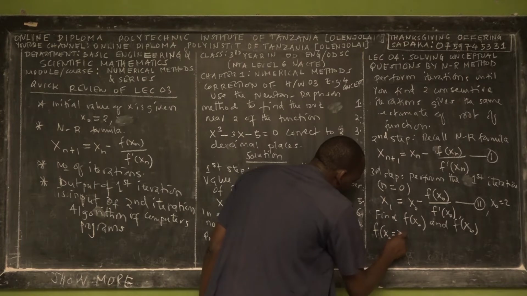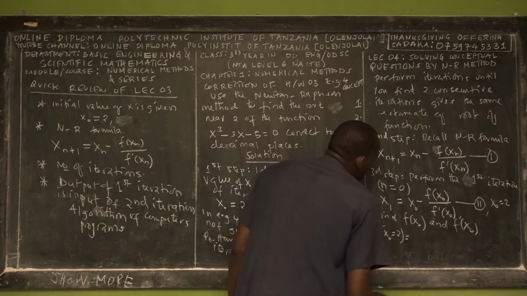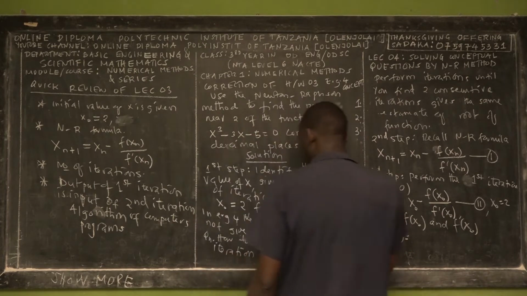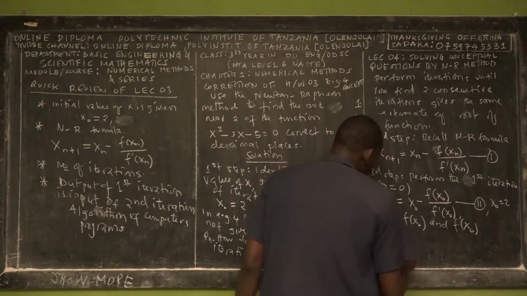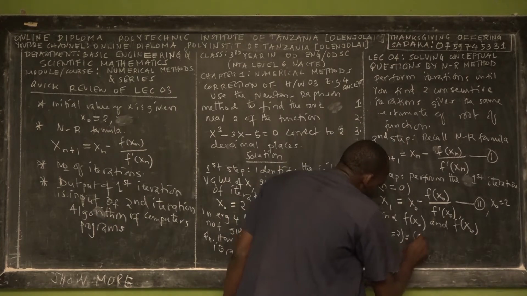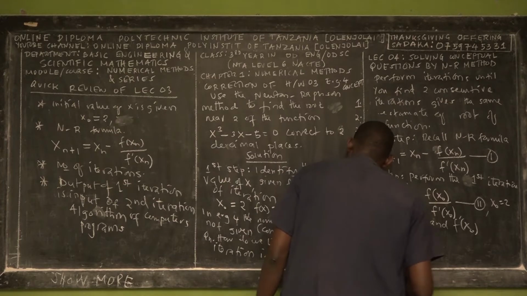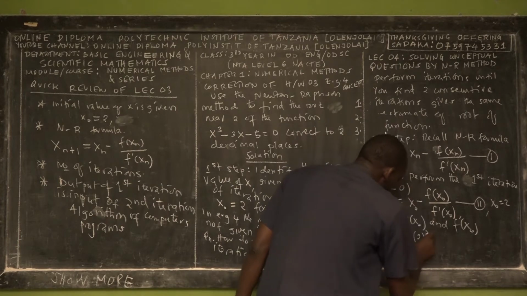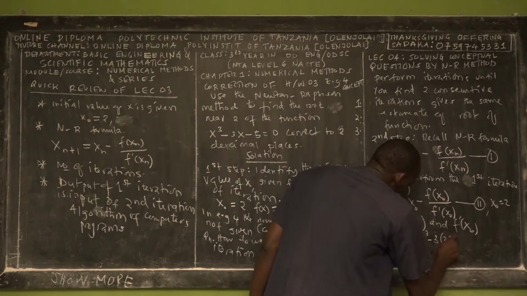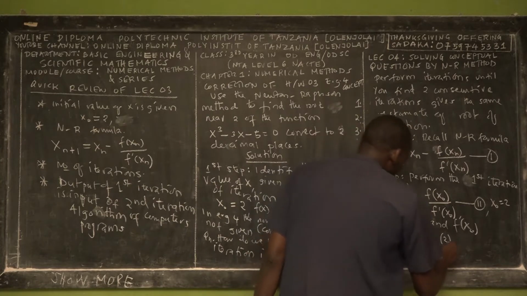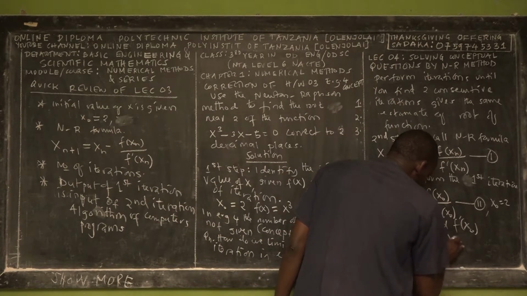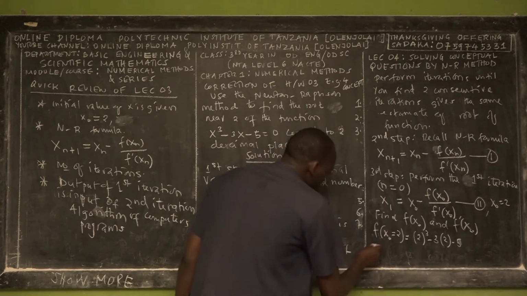f of x0 is equal to... we substitute 2 into x0. Our function f of x is x cubed minus 3x minus 5, so instead of x we replace with 2. It is 2 power 3 minus 3 times 2, then minus 5.